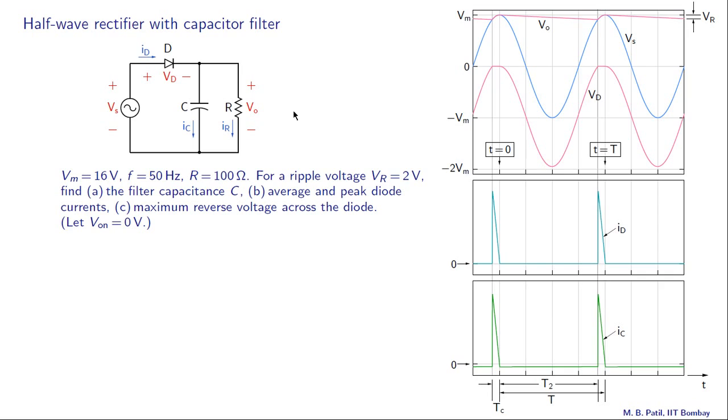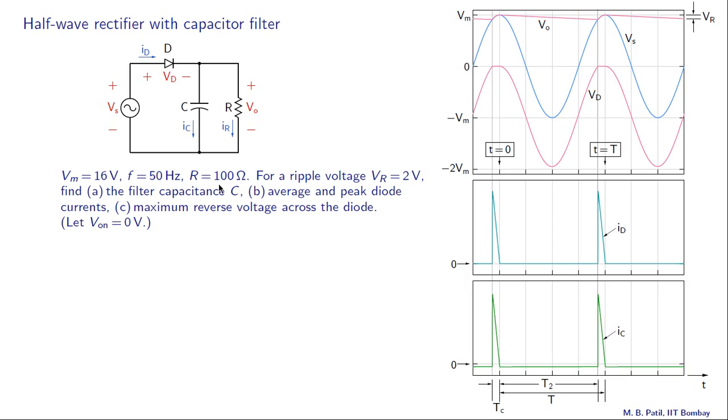Okay, so let's look at this example, half wave rectifier with capacitor filter. We are given Vm to be 16 volts, frequency 50 Hertz. Of course, about this we don't have too much choice because that's the same as the mains frequency.